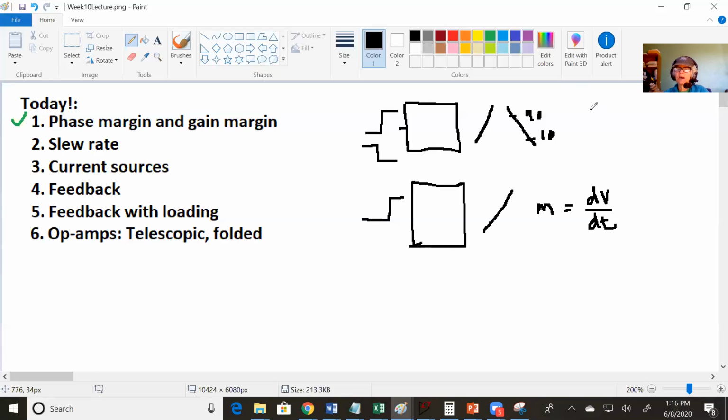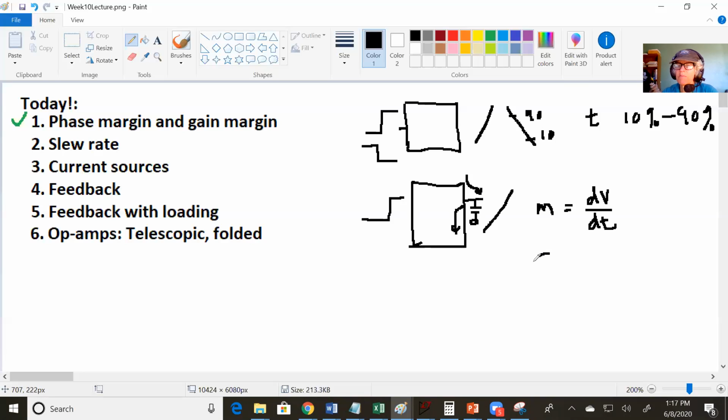Whereas this was the time from 10% to 90%, or the other direction. Okay. So slew rate is measured generally experimentally, but in the same way that rise time and fall time are determined: there's some capacitance on your output, and something putting current onto it or pulling current off of it.